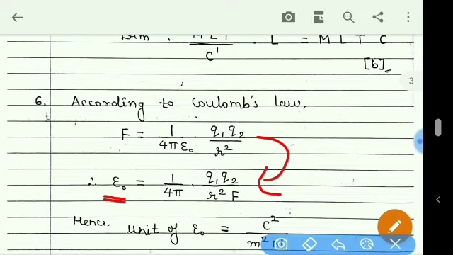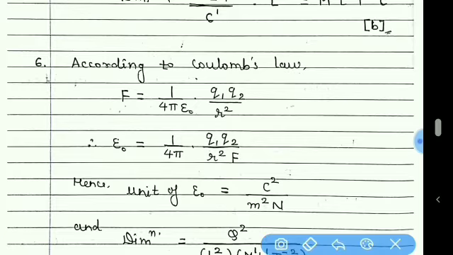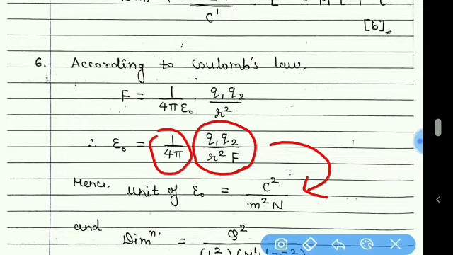After making this the subject, we will put the dimensions, or first we can find the unit also. So here I have obtained the unit first. We know that this constant does not have any unit, only this part has the unit and so the dimensions.